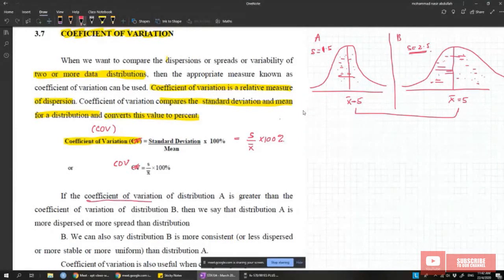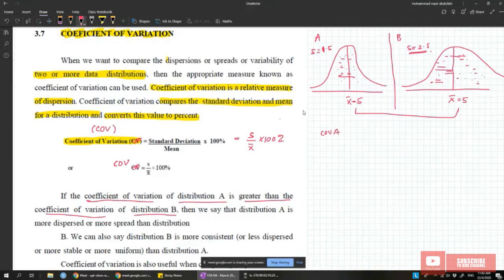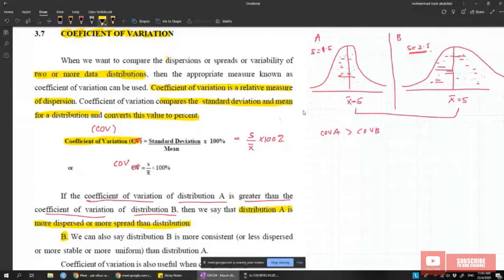So if the coefficient of variation of distribution A is greater than the coefficient of variation of distribution B, then we can say that distribution A is more dispersed or more spread compared to distribution B. Let's calculate.